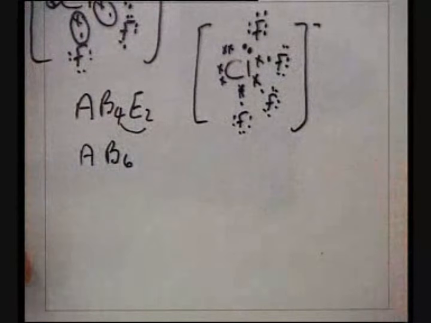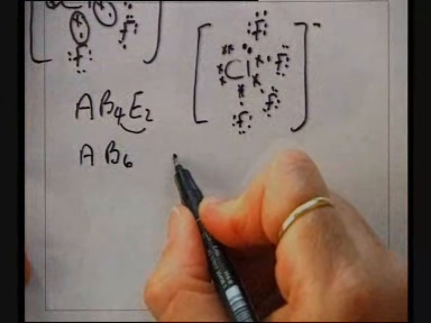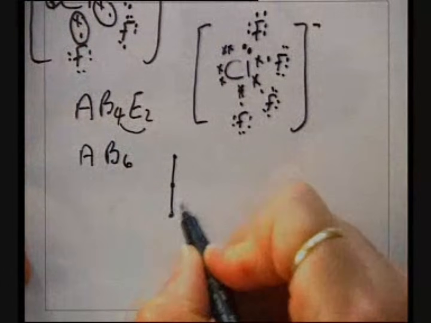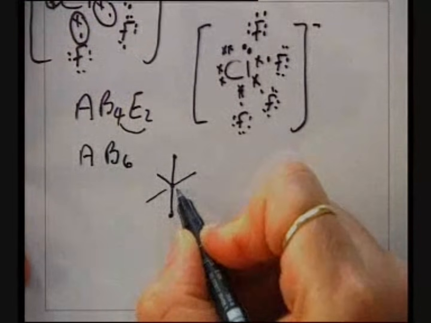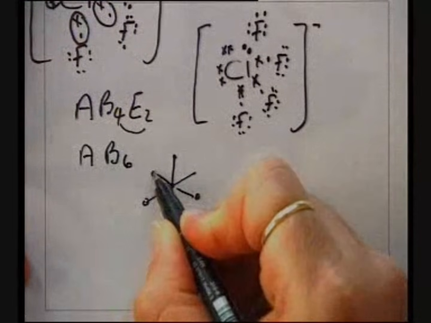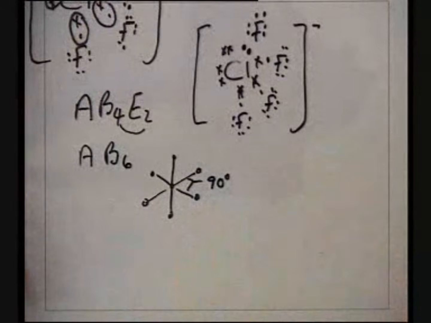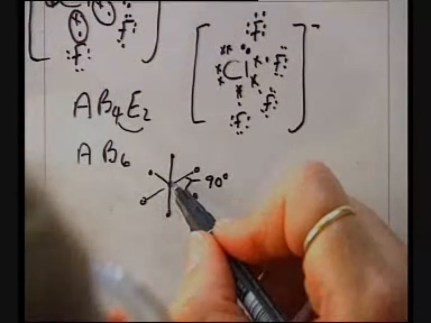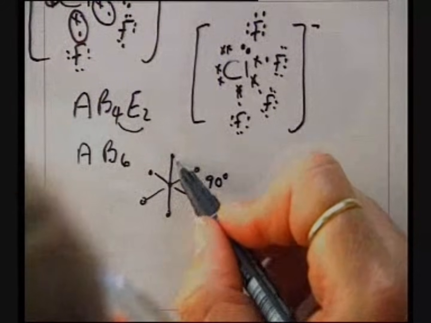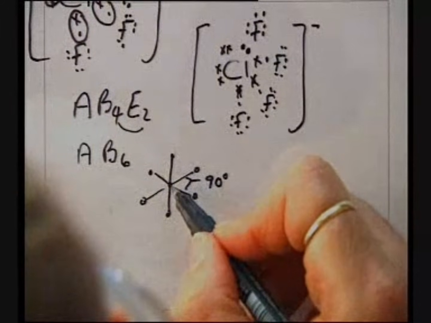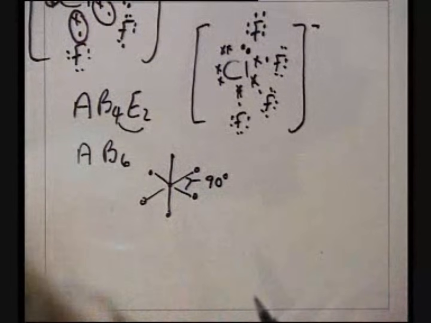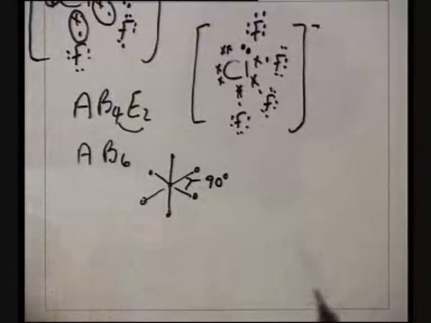Electron pair geometry AB6 will predict an octahedral molecular geometry. Bond angles the perfect 90 degrees. For the molecular geometry, we have got 2 lone pairs in the place of 2 atomic nuclei. And we have got a so-called square planar molecular geometry.